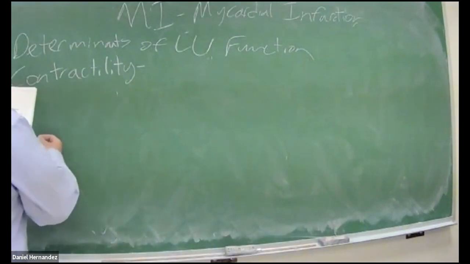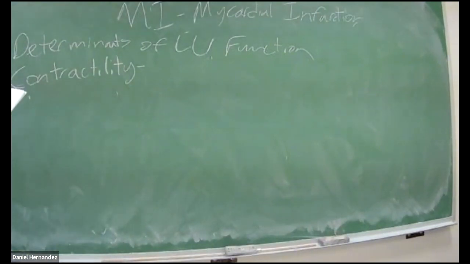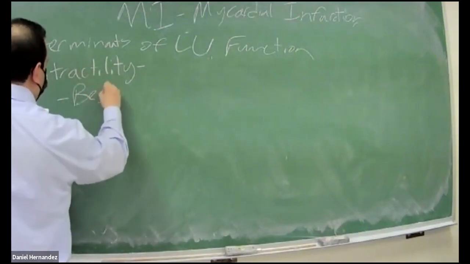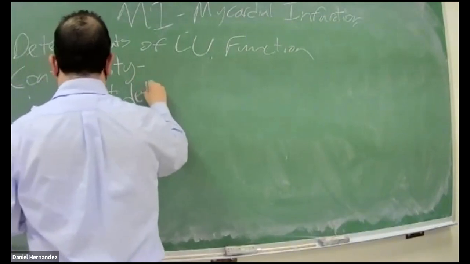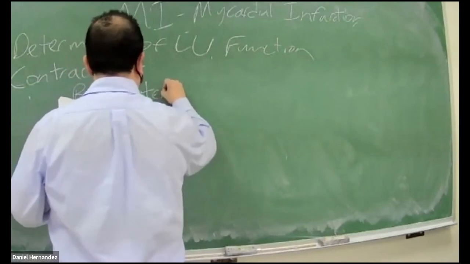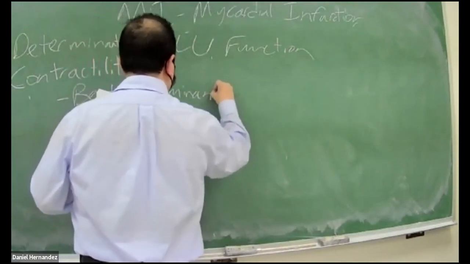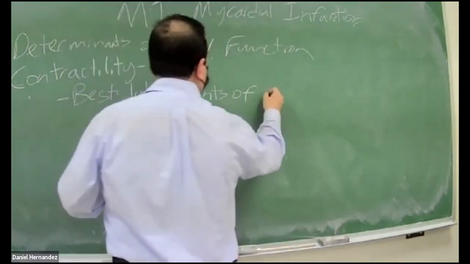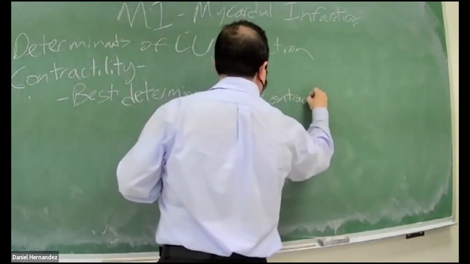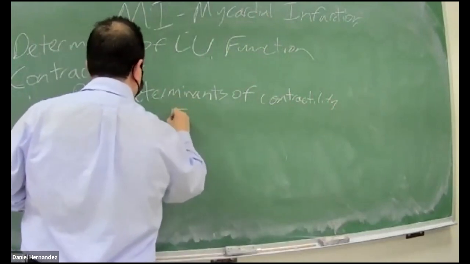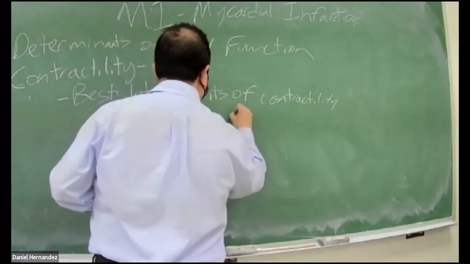All right, so with contractility, the best determinants of contractility are going to be your EF and fractional shortening.